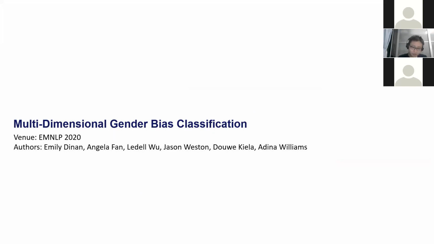So the rest of today's presentation revolves around this paper, which introduces the idea of multi-dimensional gender bias classification. This paper was published at EMNLP 2020, and I think it was from Facebook AI and some French university.